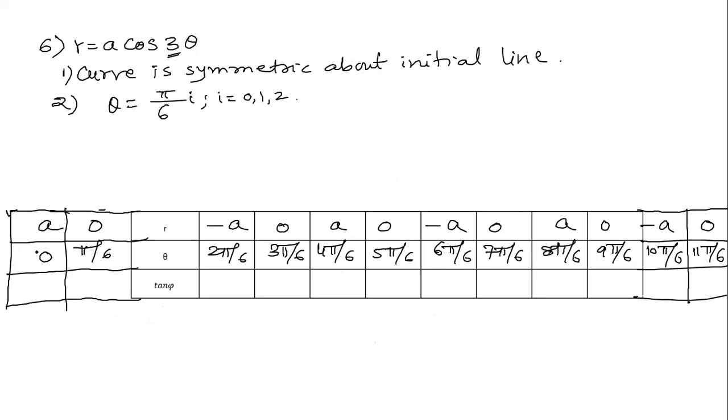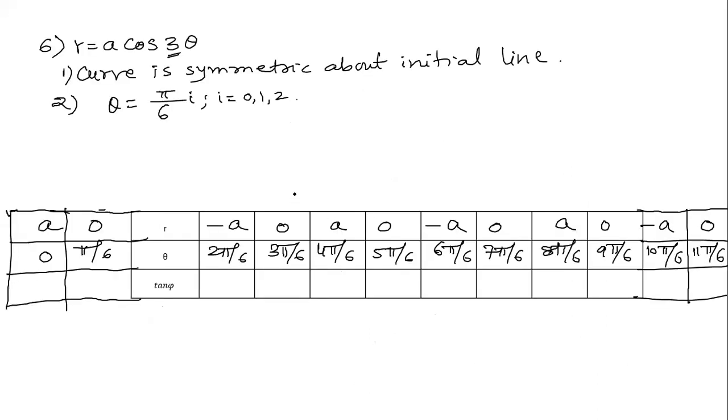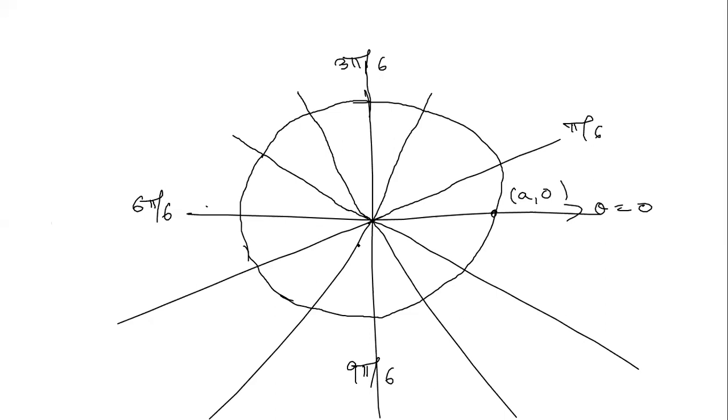Theta equal to 0, r equal to a. This is the point a, 0. Then theta equal to 2 pi by 6, r equal to minus a, so in the opposite direction, minus a, 2 pi by 6 as such.